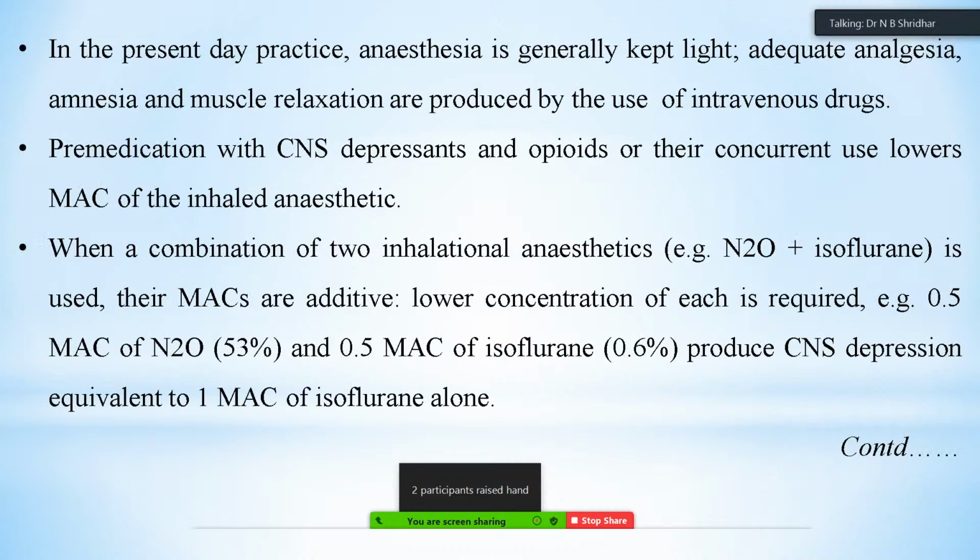Usually most surgeries are conducted in this stage. In present days, anesthesia is generally kept very light. Adequate analgesia, amnesia, and muscle relaxation are produced by the initial administration of intravenous drugs, which is maintained by inhaled agents.